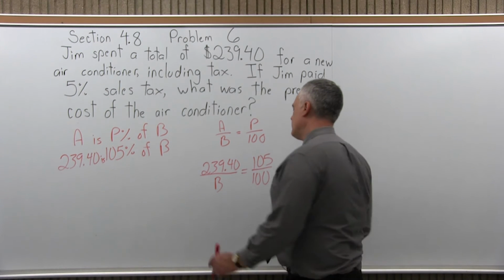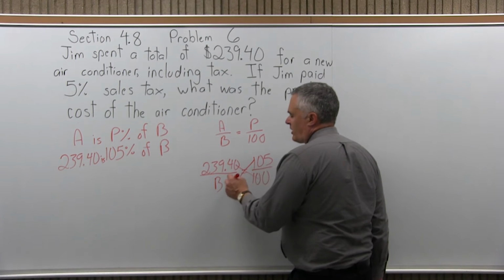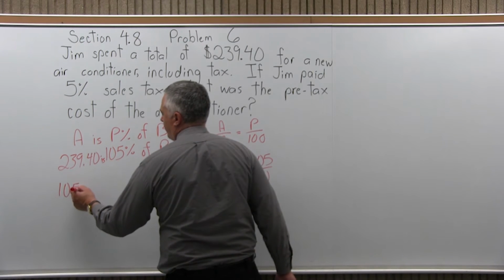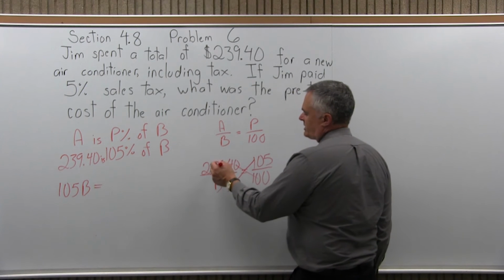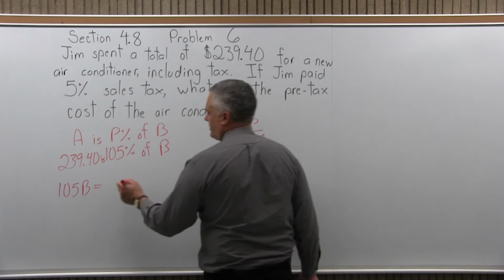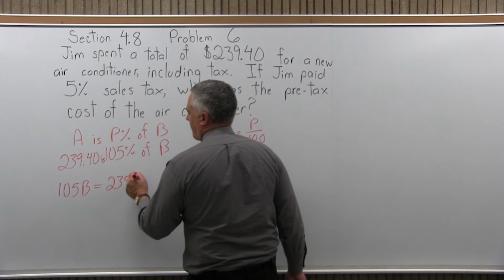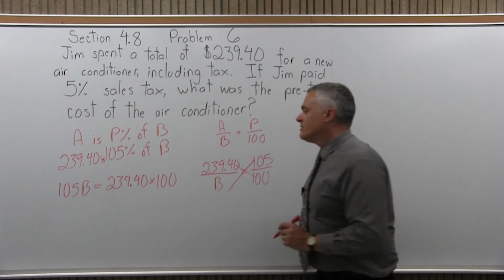Now, to solve for it, I will cross multiply. So 105 times B is 105B equals, multiplying in the other direction, 239.40 times 100. Now, this multiplication is easy.